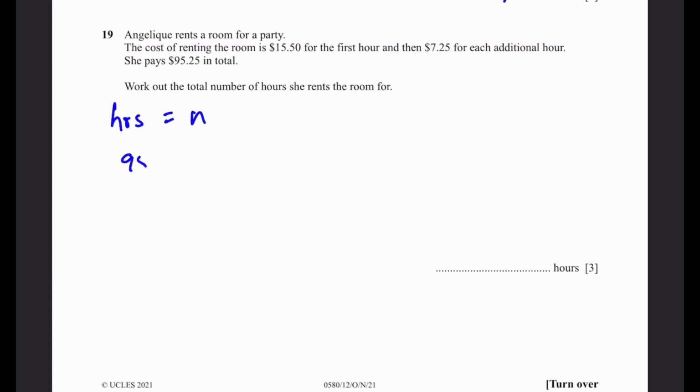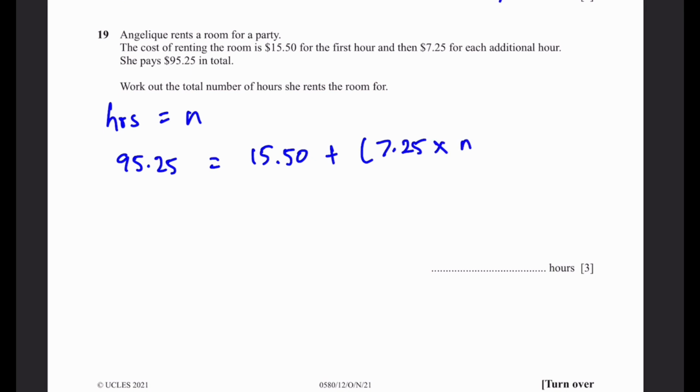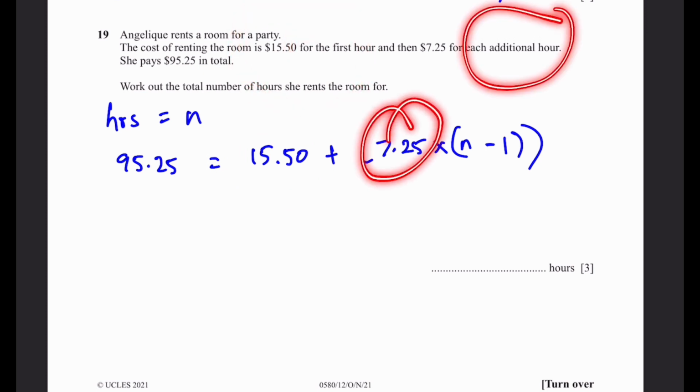So 95.25, which is the money, is equal to 15.5 plus 7.25 into n minus 1. Why is it n minus 1? Because this value is for the first hour, and each additional hour is 7.25.